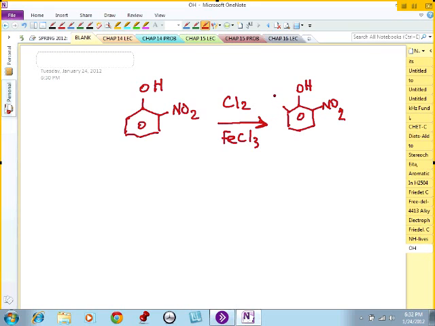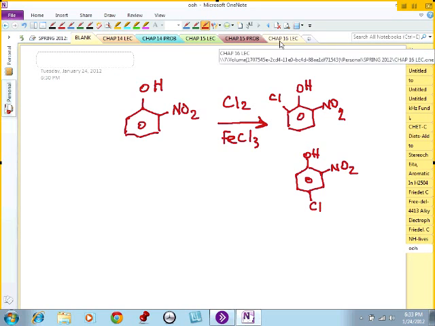Okay, so you have the chlorine here going to the ortho position of the hydroxy group plus the para position of the hydroxy group.